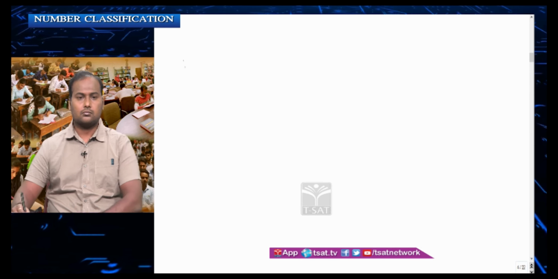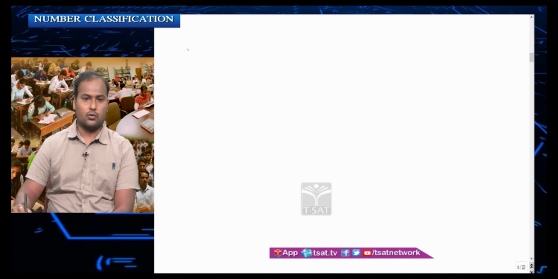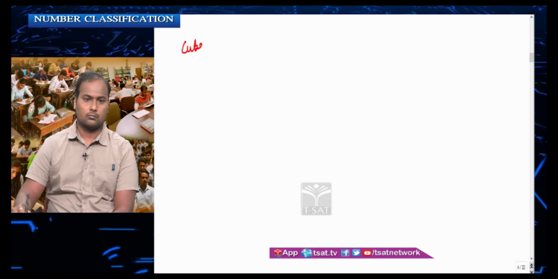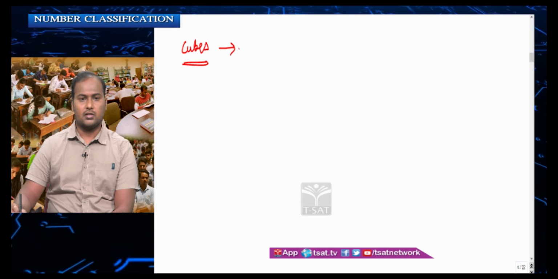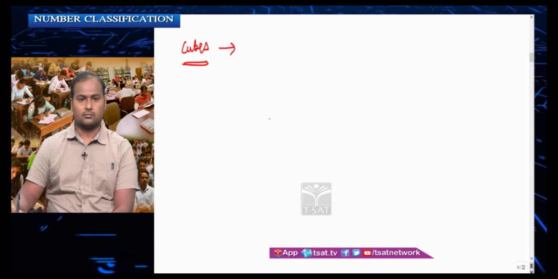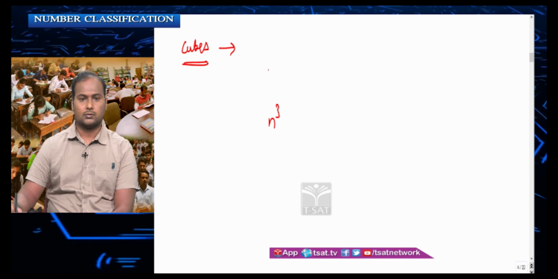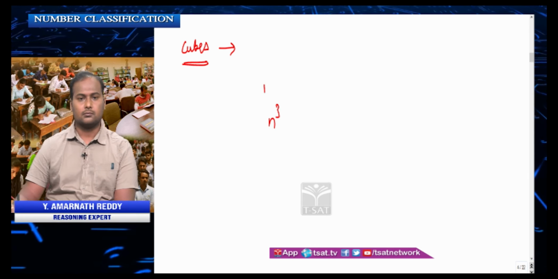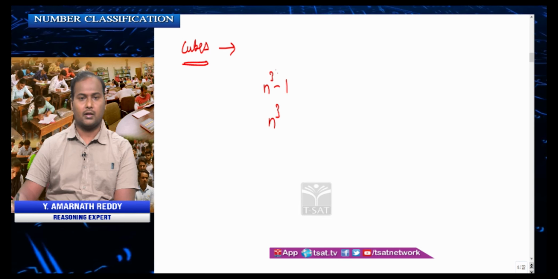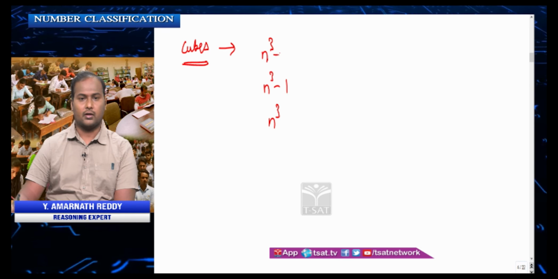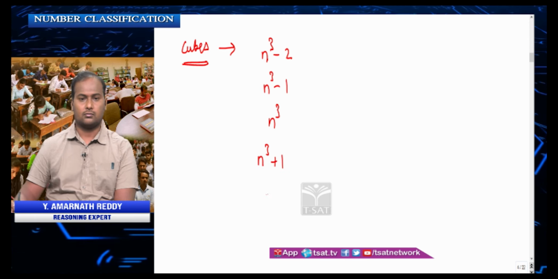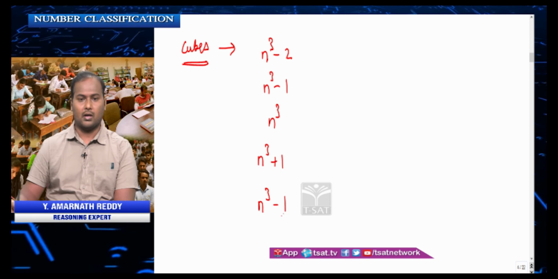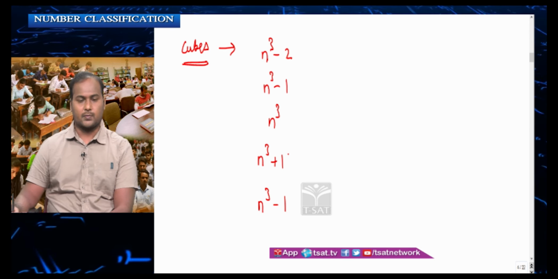Next, the thing the student should know is cubes. These cubes are very, very important. In these cubes, we can expect n cube. Here also the format is the same: the format of n cube plus 1, n cube minus 1, n cube minus 2, and so on.